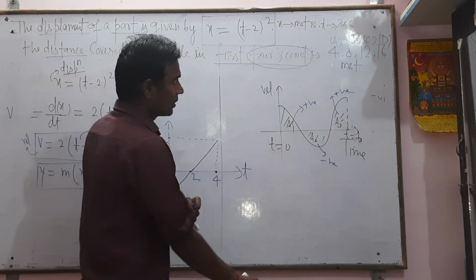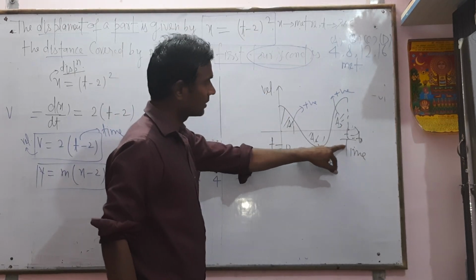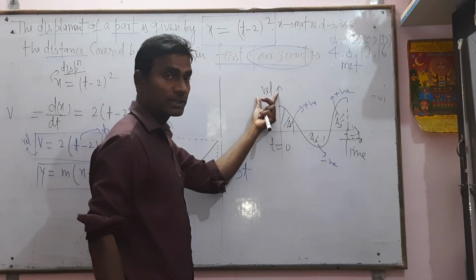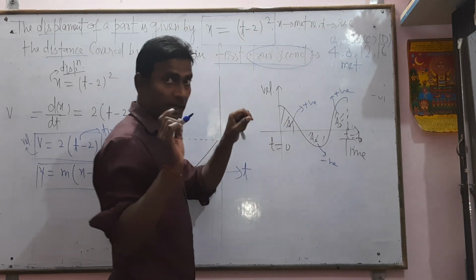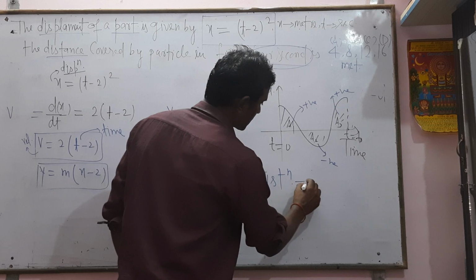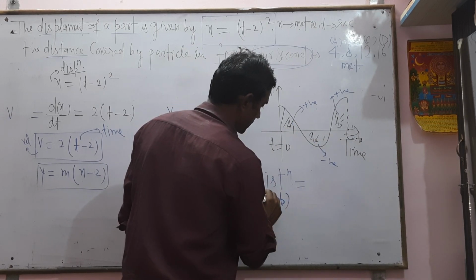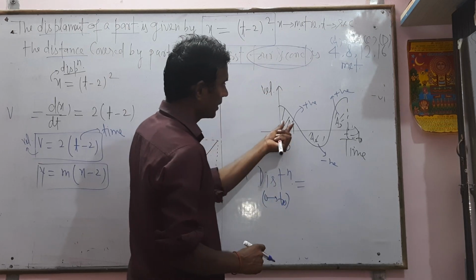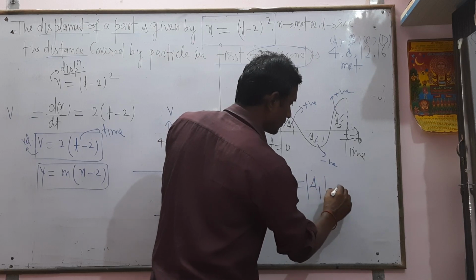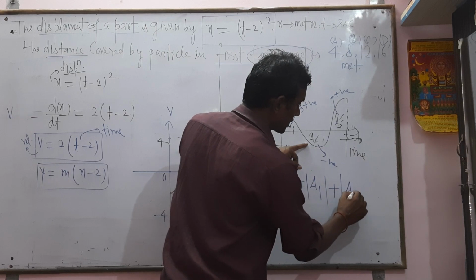So the product of velocity and time is known as the displacement. If we are trying to find the distance from 0 to t naught, a1 is positive, no problem, or we can say we are taking the mod of a1 for distance and mod of a2.